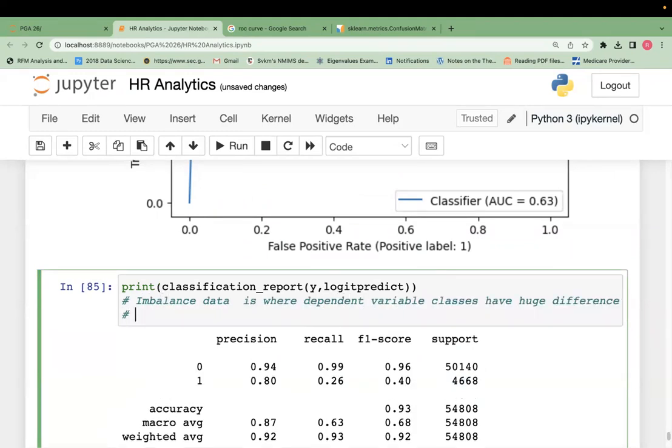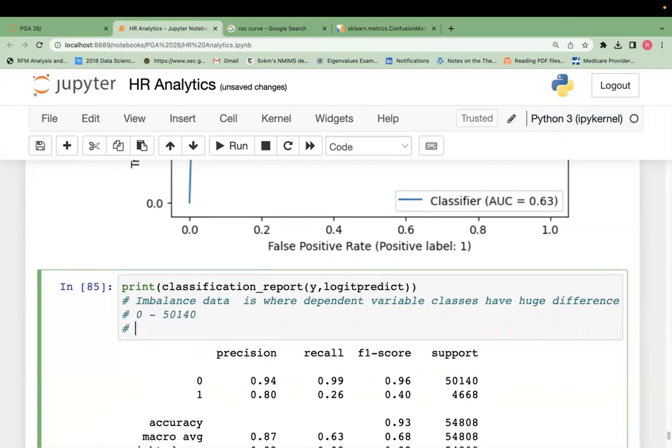In this case, zeros are 50,140, but ones are just 4,668. Now, the prediction of zeros is good, but look at the prediction of ones. Look at this recall and F1 score. They are very low. The model is not working properly because we have very few ones in our data.